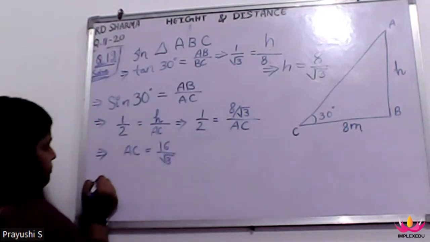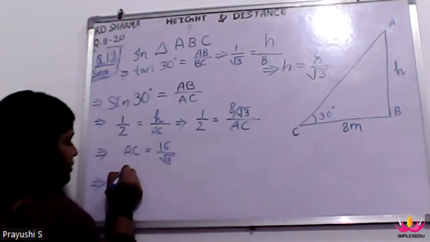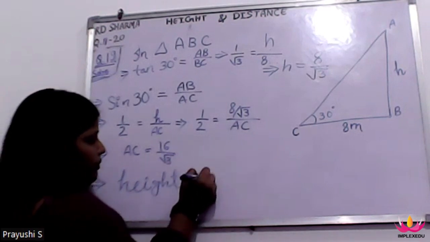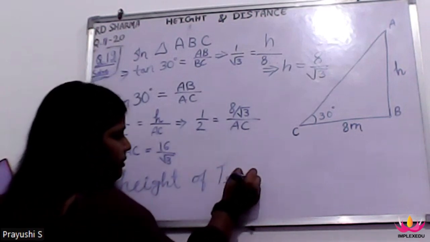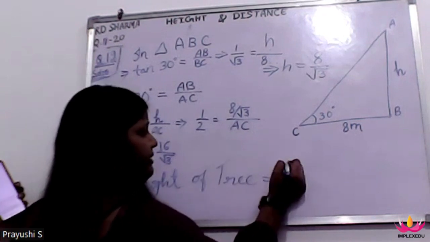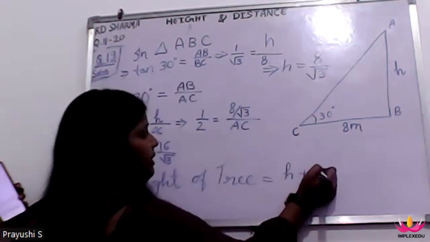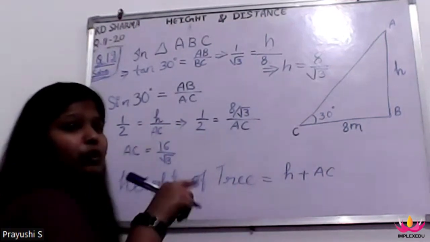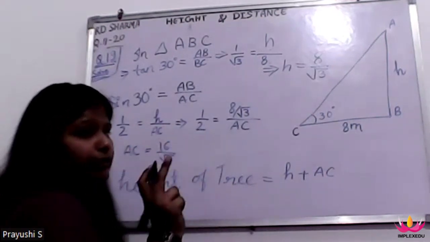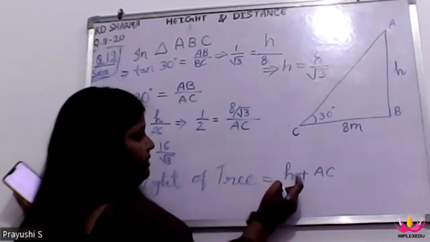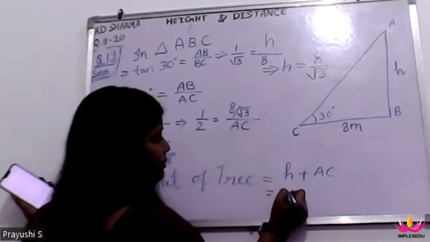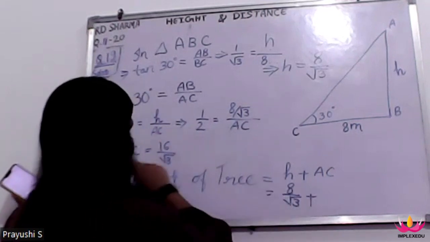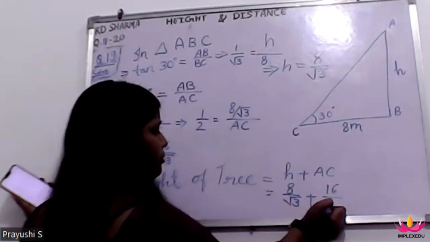So now the height of the tree is equal to H plus AC. That I already told you before solving this question, I already told you the concept, right? Now H is equal to 8 upon root 3 and AC is equal to 16 upon root 3.